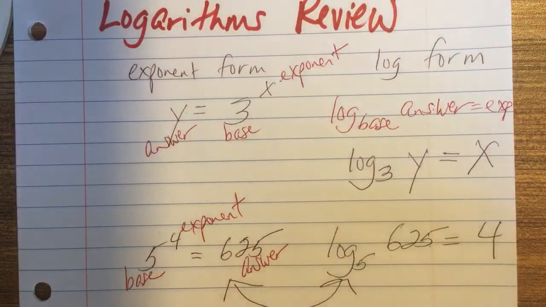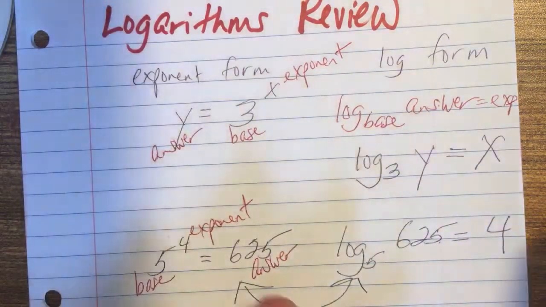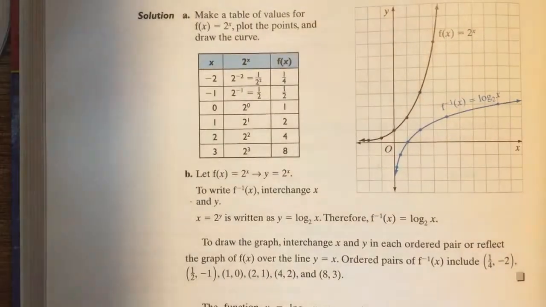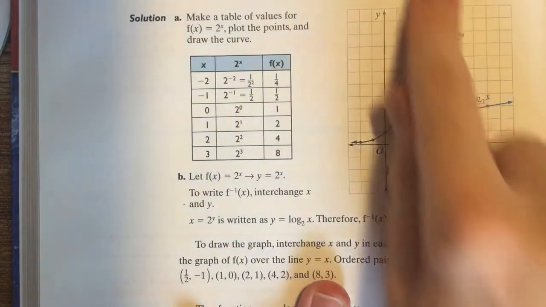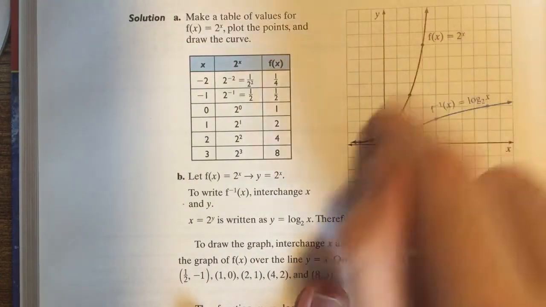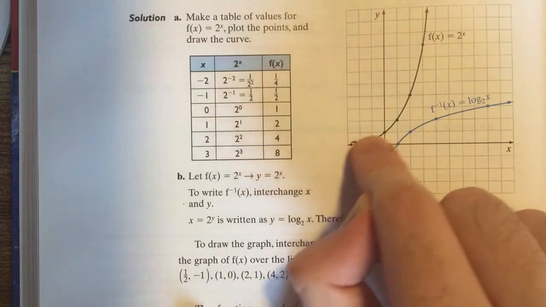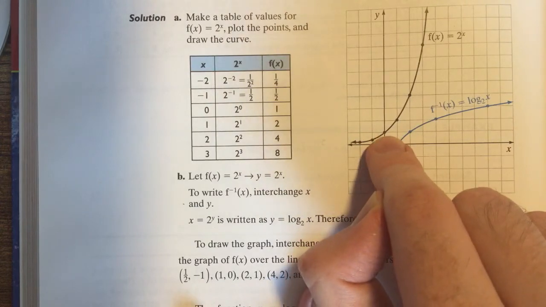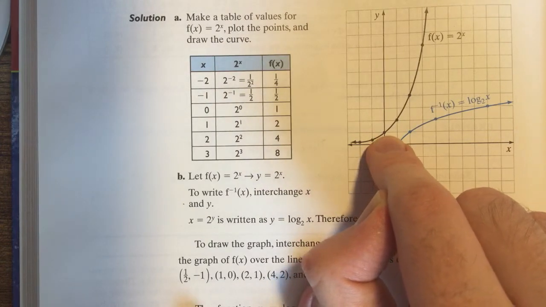Another feature that's important to realize is how when you're looking at the graph of an exponential function, such as y or f of x equals 2 to the x, you'll always see that that graph passes through the point 0, 1.